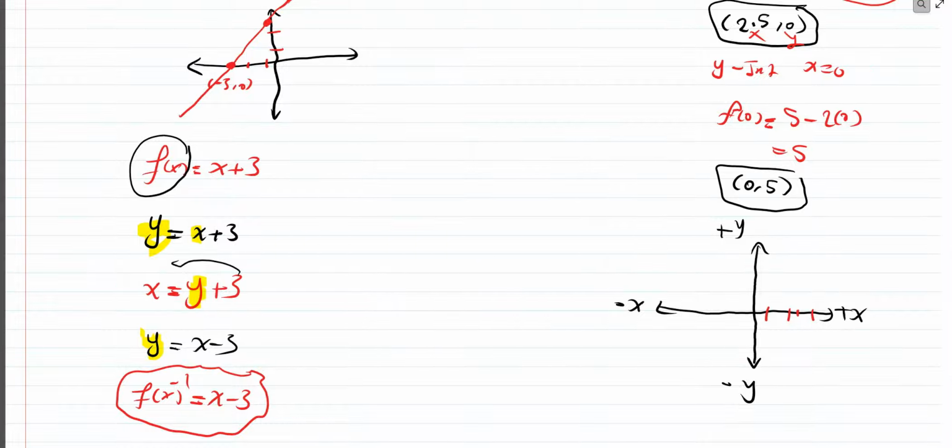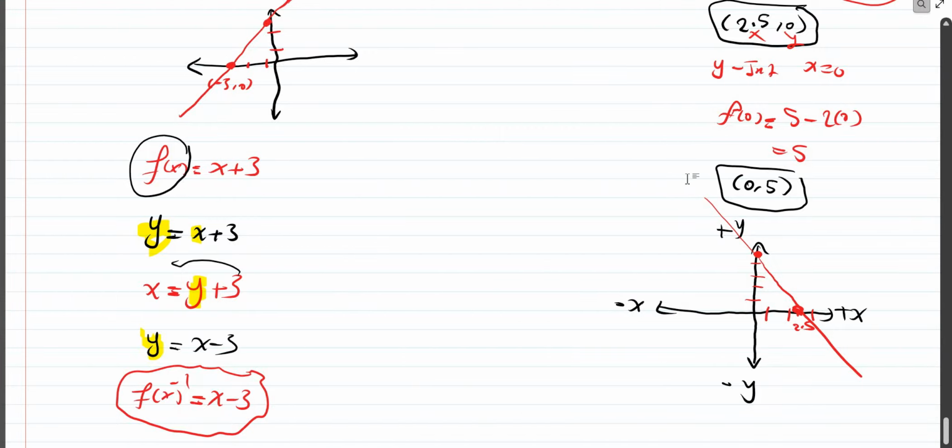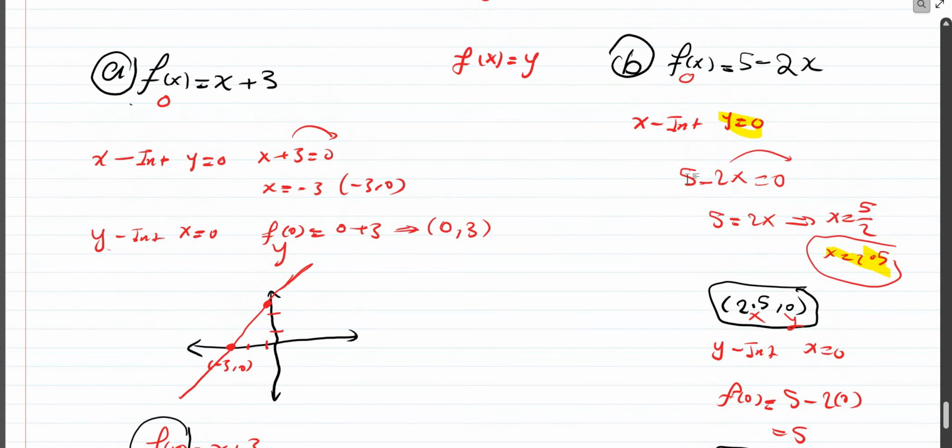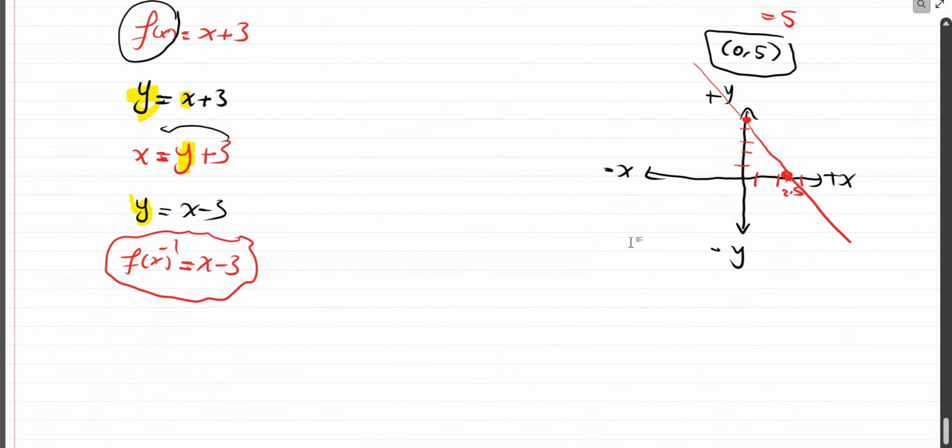This is going to be 2.5 and 0, right? The other one is 0 and 5: 1, 2, 3, 4, and 5 here. Join both points and extend it. This is going to be the graph of f of x equals 5 minus 2x.